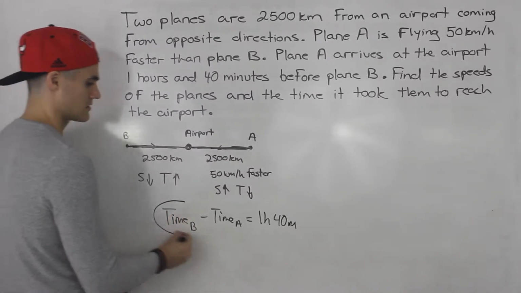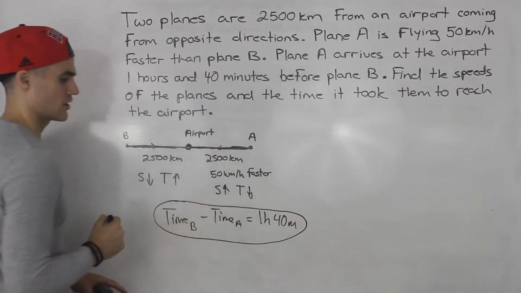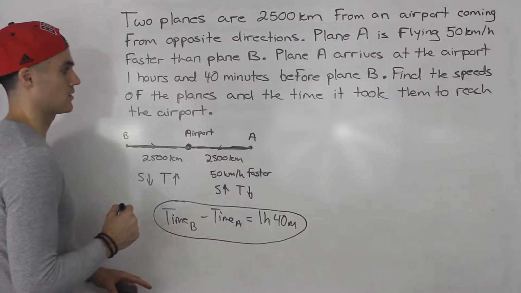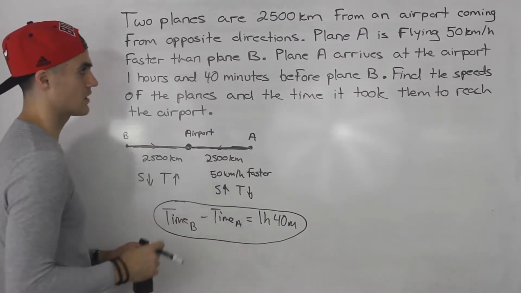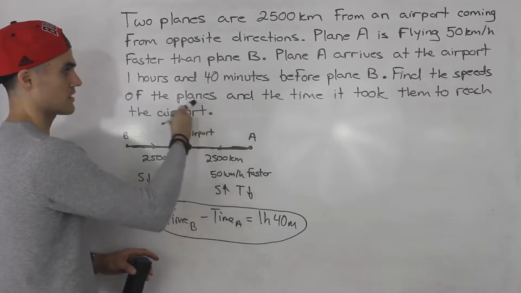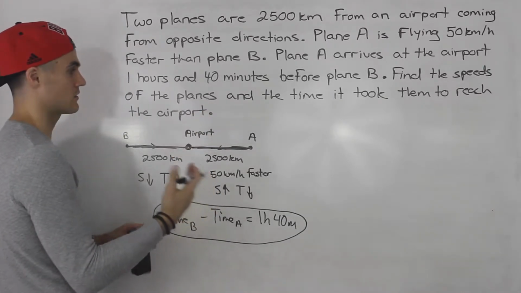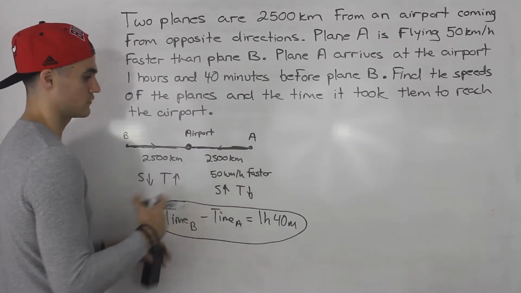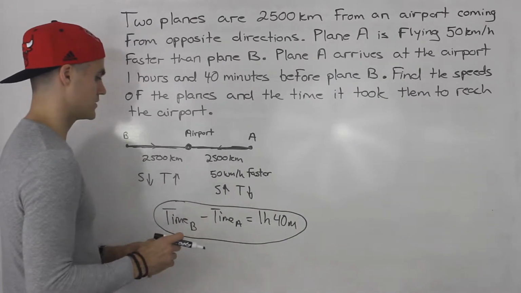This is the general equation that we are going to be working with, to try to set something up in order to find the speeds of the planes and the time it took them to reach the airport, respectively. So how can we do this?